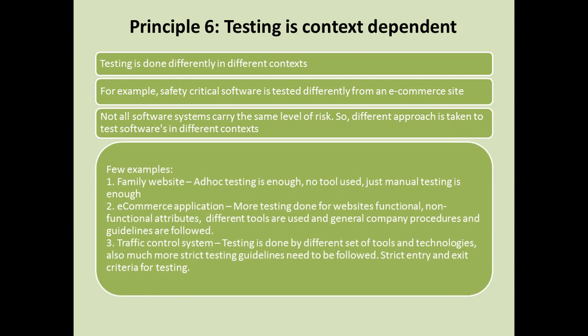So for example, if you have a family website where you just keep the details of your family members, ad hoc testing is enough. No tool is used, just manual testing is enough for that. But if you're testing an e-commerce application, see how context changes.